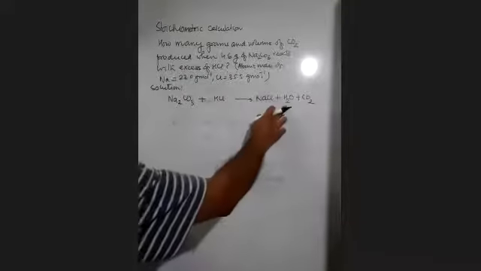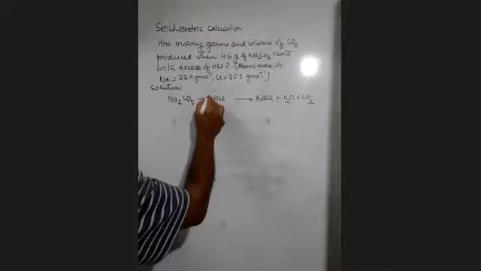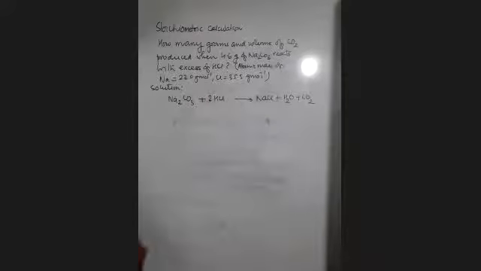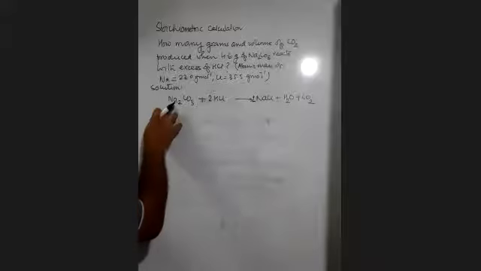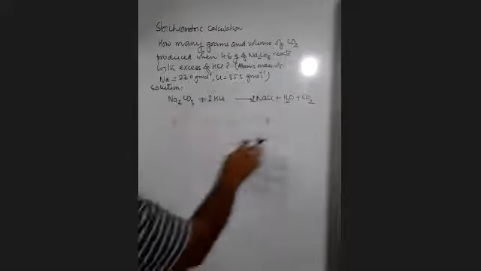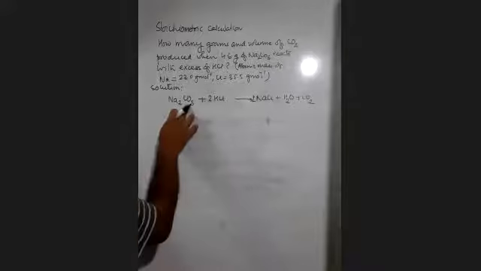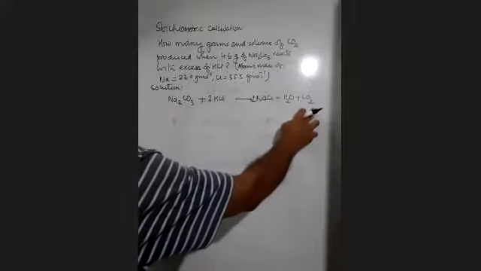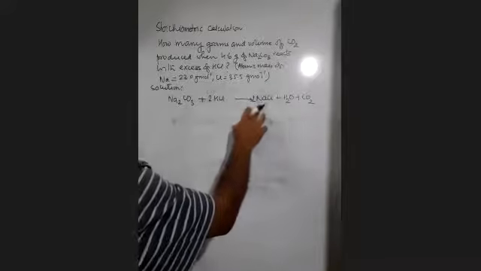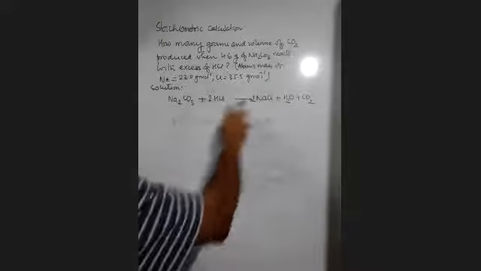There are 2 hydrogen, I have 1. So I'll write it 2. So it is balanced. 2 sodium, 2 sodium. 1 carbon, 1 carbon. 3 oxygen, 2 plus 1, 3. 2 chloride, 2 into 1. So it is balanced.